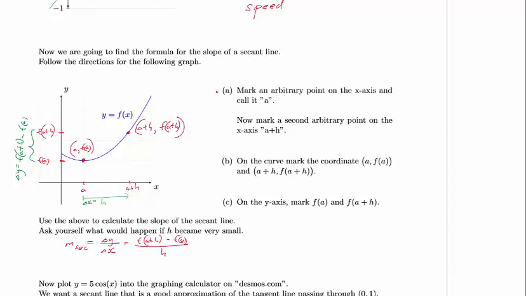All right? And this is a formula we're going to use to calculate the slope of the secant line in general. It's a very important formula. This formula is not going to be forgotten in a week. It will not be forgotten in 2 weeks. It will not be forgotten by the end of the first exam, or the second exam, or the third exam.